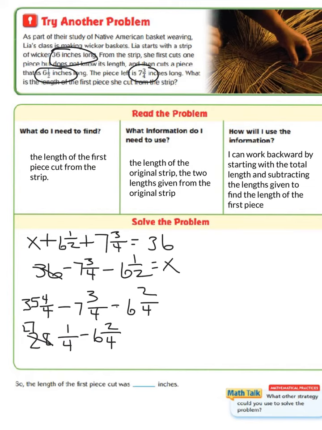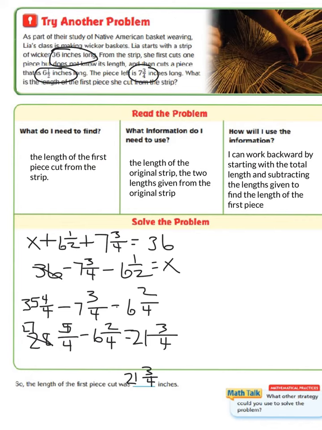And we'll add our 4/4 to our 1/4 to make it 5/4. So 27 and 5/4 minus 6 and 2/4 equals 5 minus 2 is 3/4. 27 minus 6 is 21. So the first piece was 21 and 3/4 inches.